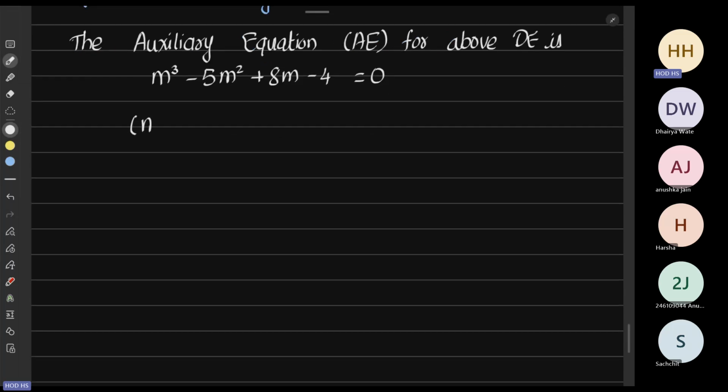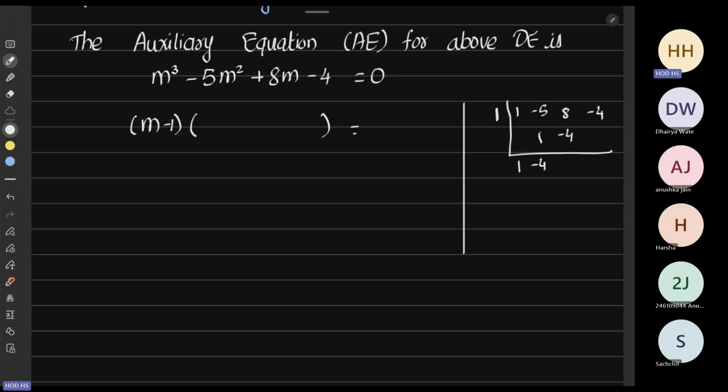We have noted that m minus 1 is a factor. So whatever that bracket is, we need to calculate. I will be using synthetic division. So I will write down the coefficients 1, minus 5, plus 8 and then minus 4, with 1 as the root.